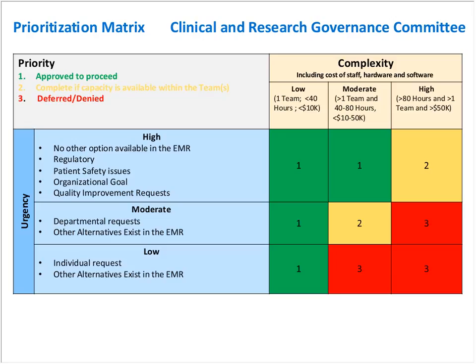And this is where IT comes in to help vet these projects, because the complexity can't really be done by the functional group. IT has to really vet the project and understand it and come back with that complexity. And then the operational group handles more of the urgency side of it.